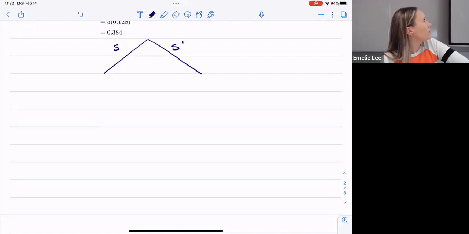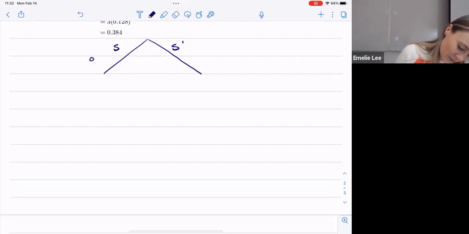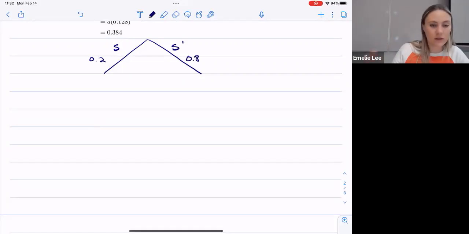I guess, are you okay if I do a prime? Yeah. It's the complement, but it's a lazy complement. It's not the derivative. And so it goes in with a probability of 0.2, and it doesn't go in with a probability of 0.8. Right? So that's my first shot.